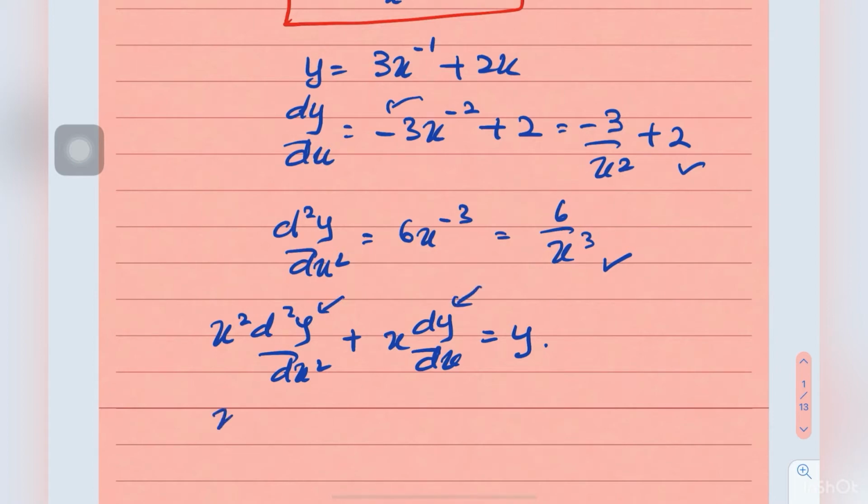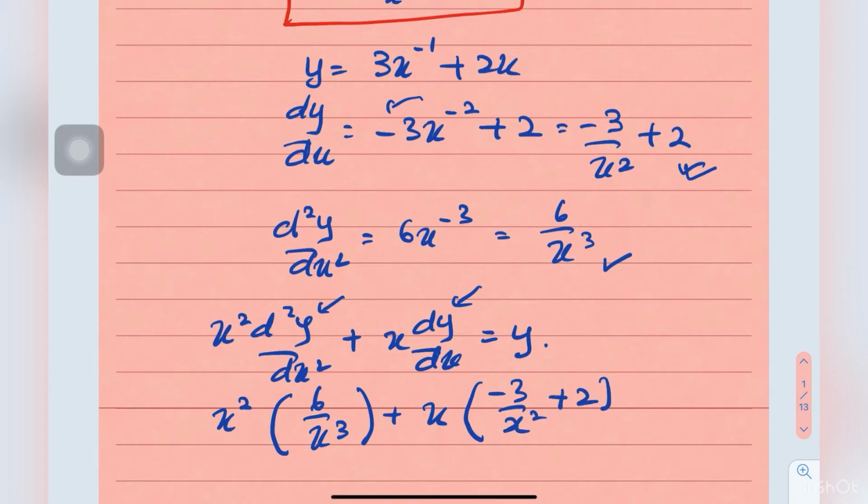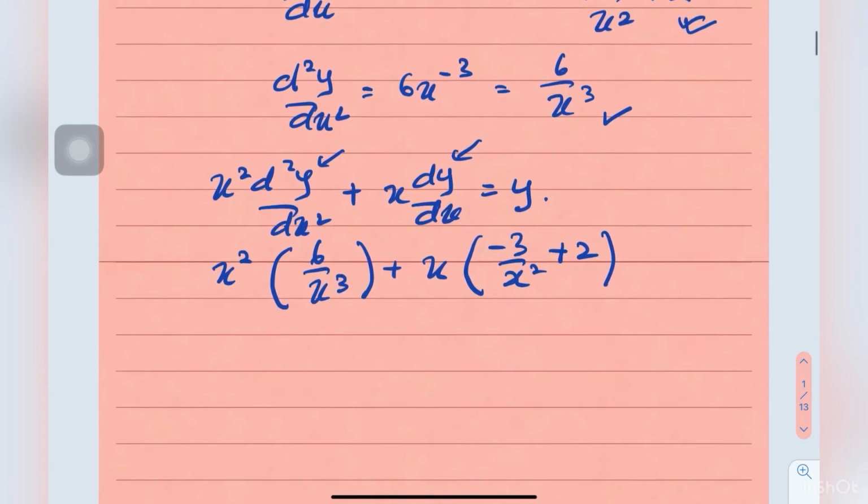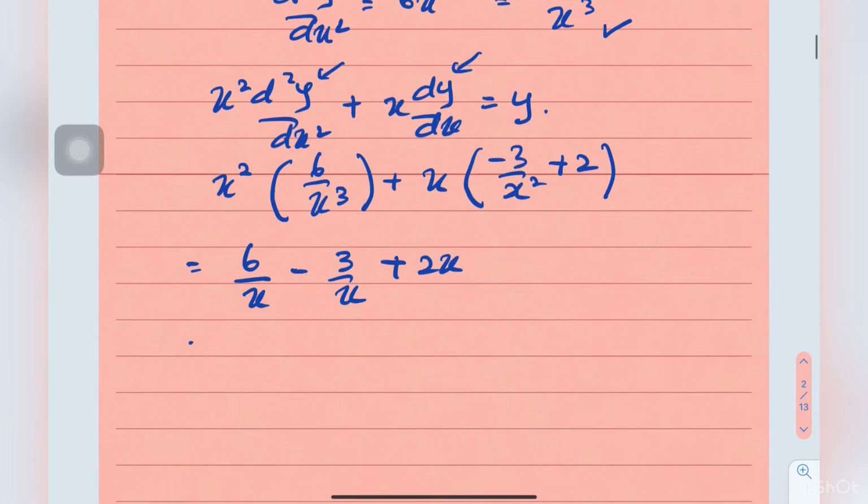Here I substitute: d squared y dx squared is 6 over x cube, plus x dy dx, which is negative 3 over x squared plus 2. Then I expand and simplify, I get 6 over x minus 3 over x plus 2x, which is 3 over x plus 2x.